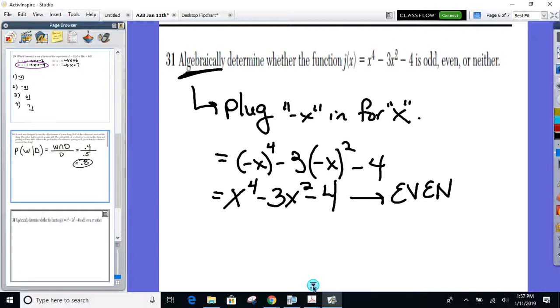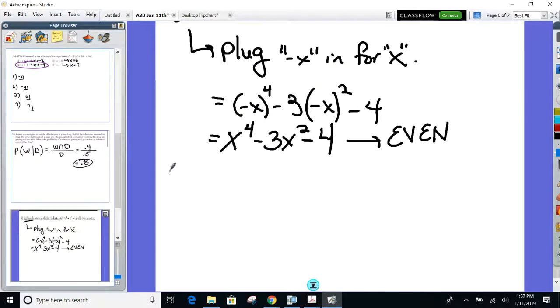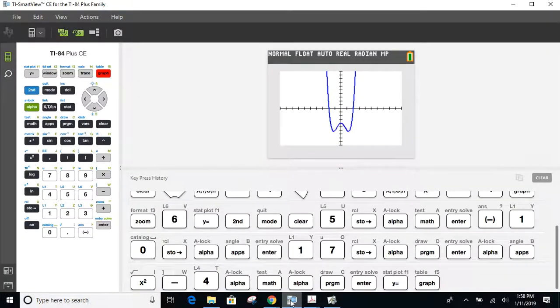Okay, here's what you guys are thinking about right now with this whole ends up, down stuff. That's called end behavior. In this case, what was my highest exponent? 4. So what that 4 tells me is that it's going to end both up or both down. See the graph? It ended up, right?